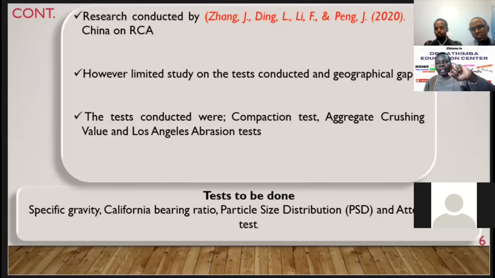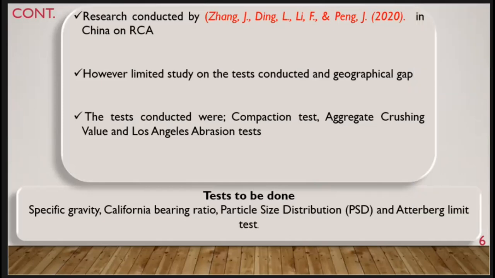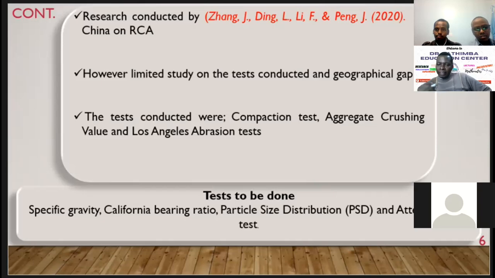We are talking of using the fines to stabilize soil, so it is soil to soil in terms of gradation and size. You get it? That's why you see the tests here. The other tests were aggregate crushing value and compaction test. Compaction you can also do in normal soil, but ACV and the abrasion test are basically for coarse aggregates.